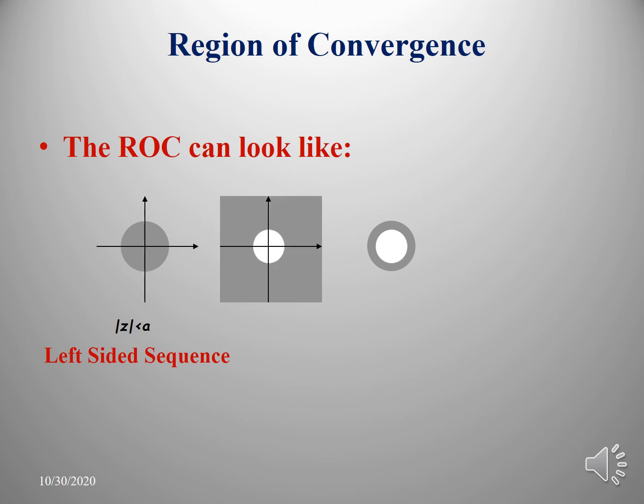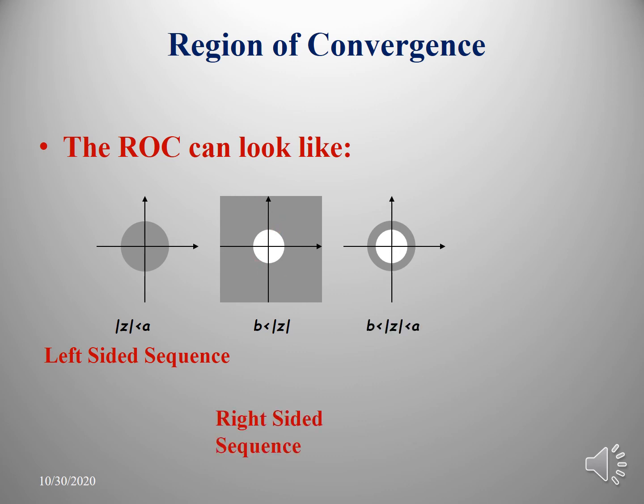Similarly, for a right-sided sequence, which is the normal sequence, where we assume that the right-sided sequence has a pole which lies at B, the region of convergence would be all points outside the point B as shown in the grey region.